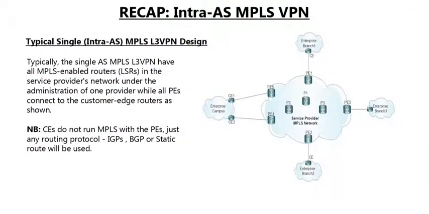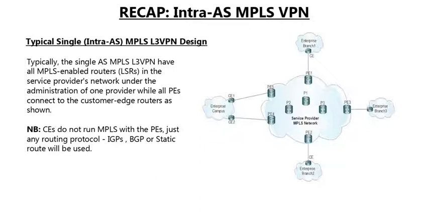Now to the recap. Recap on the Intra-AS MPLS. Typically, this is what you find when you're dealing with a single service provider. This means all the routers that are operating in the MPLS service delivery are under a single administration.